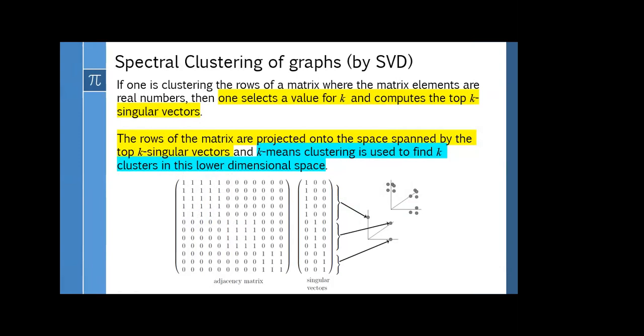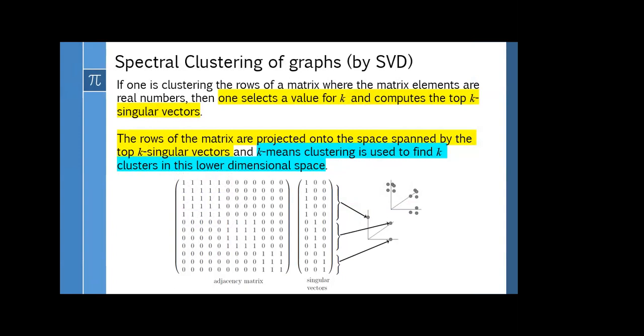Now, spectral clustering. There is another method, quite efficient, without constructing a Laplace operator, but simply using the singular value decomposition.